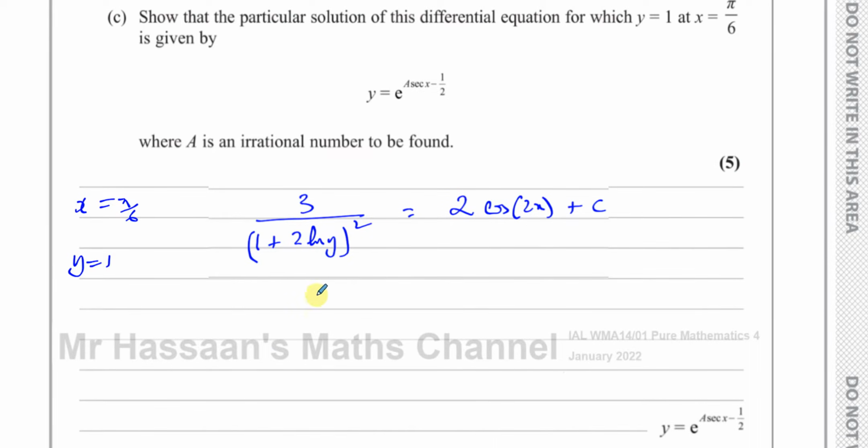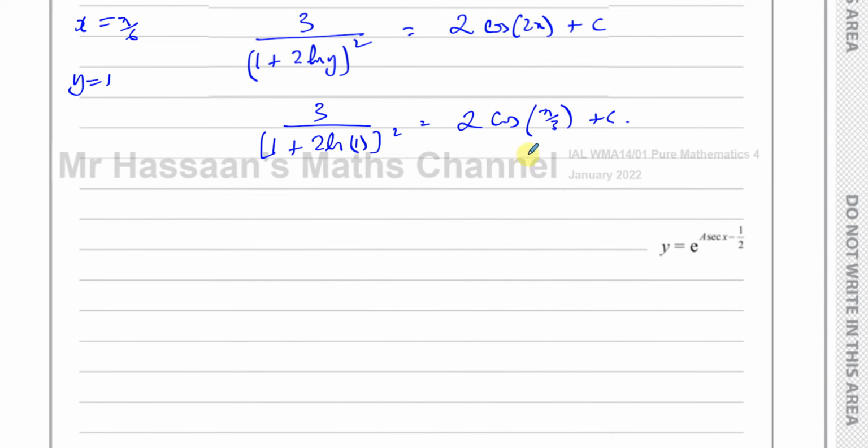So we get 3 over (1 plus 2 ln 1) squared equals 2 times the cosine of 2 times pi over 6, which is pi over 3, plus c. Now we want to find what c is.